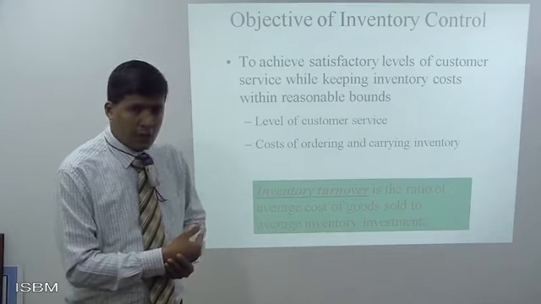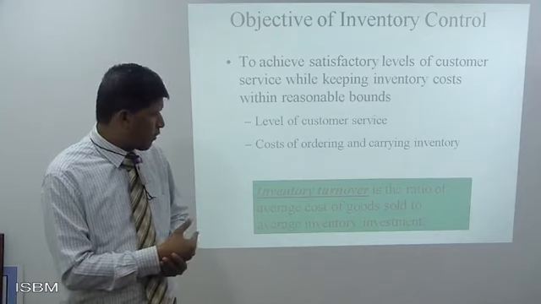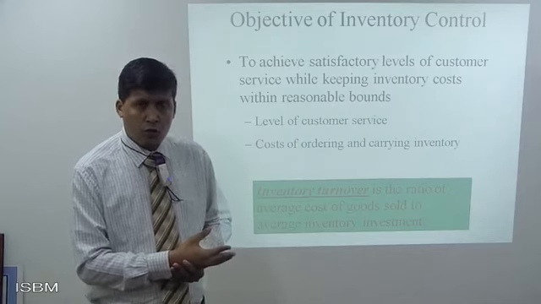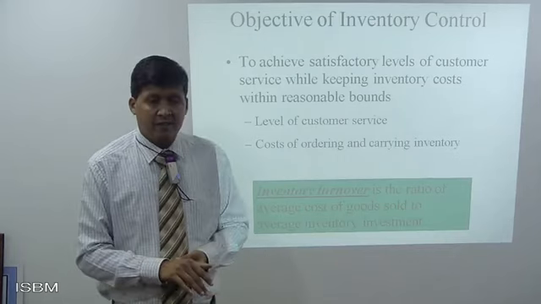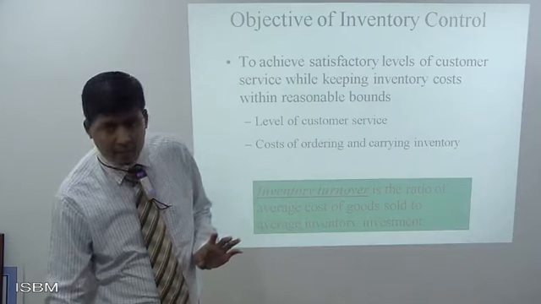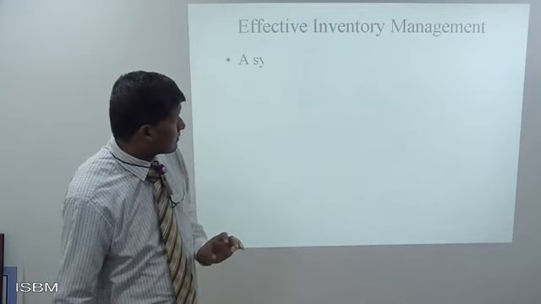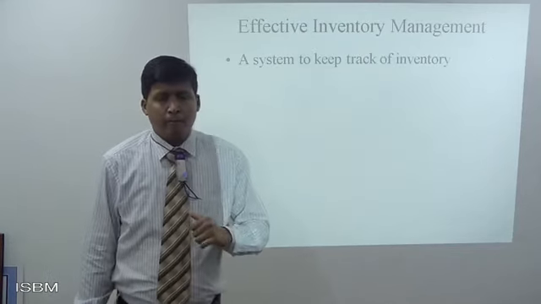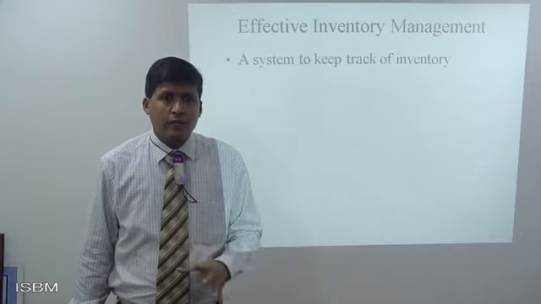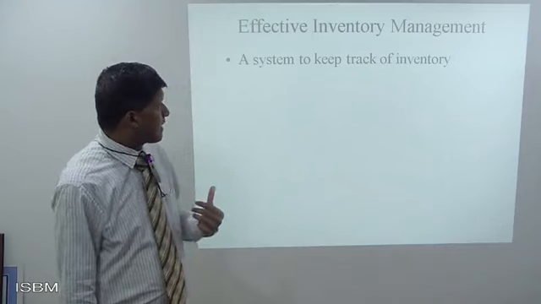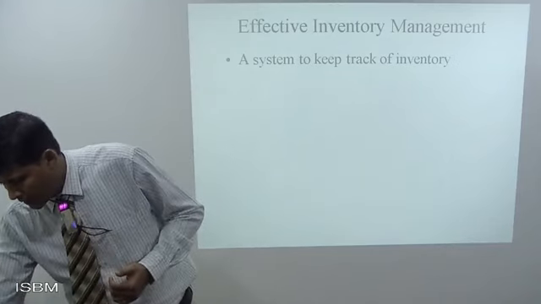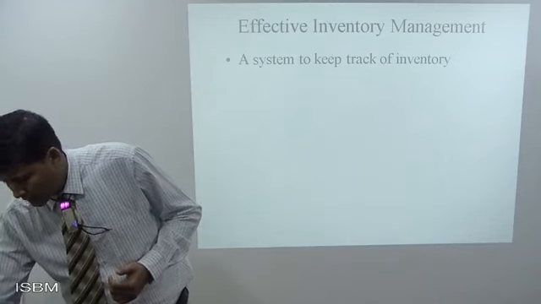Inventory turnover, if you see, is a ratio of average cost of goods sold to average inventory investment, and these are important for estimating inventory costs. So when we are looking at managing and controlling an inventory system well, the factors that we need to keep into account are these.